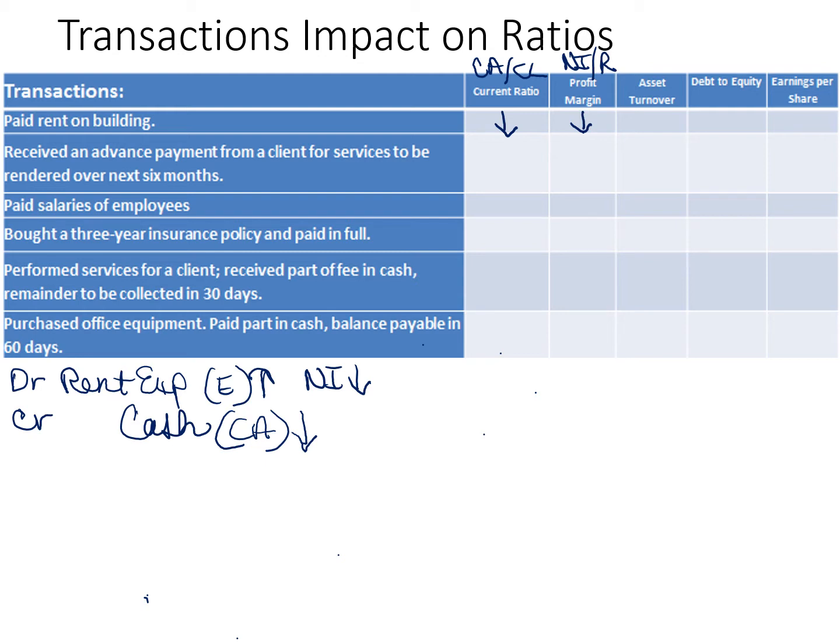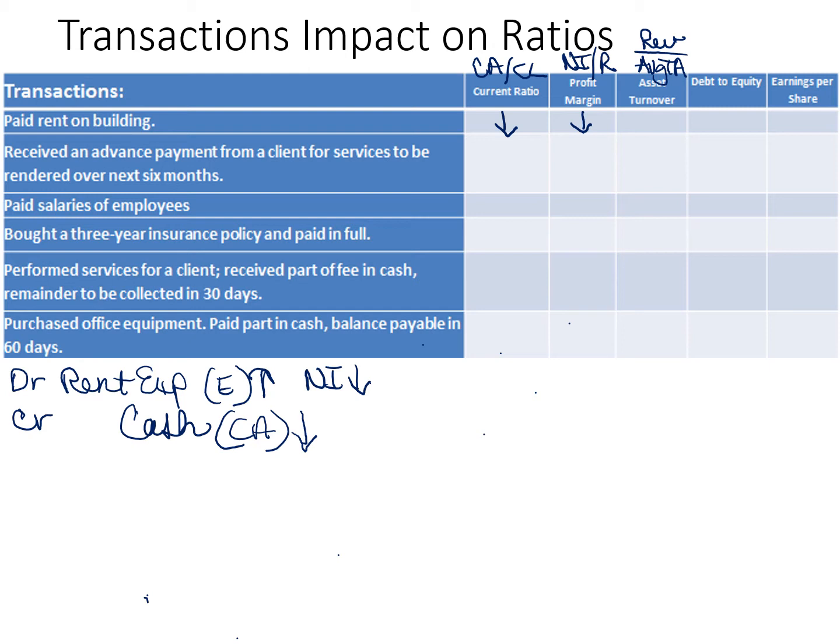Asset turnover, you remember, is revenue over average total assets, and those are the assets at the beginning and the end of the year.